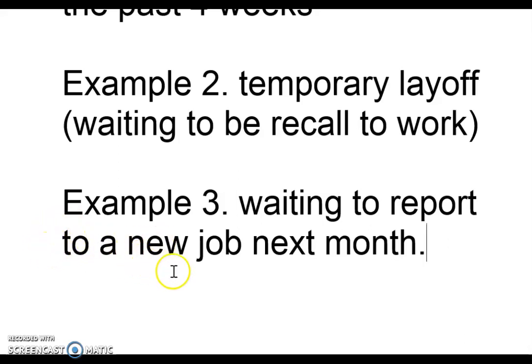That's why he or she found a new job and will start working next month. So this month, he doesn't have a job. He shows a willingness to work. So because of that, the Bureau of Labor Statistics counts that as unemployed.